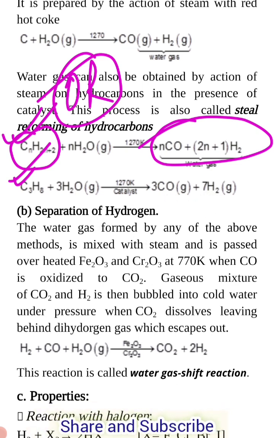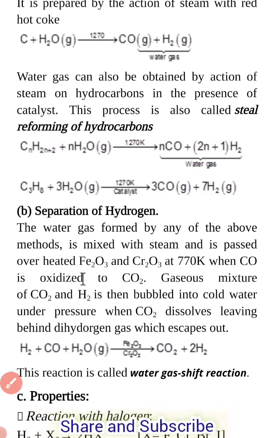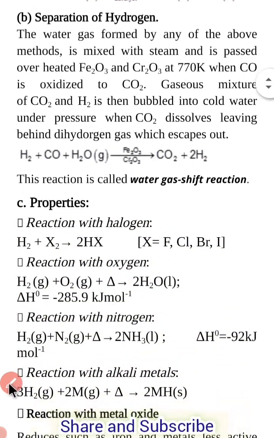In the second step, hydrogen is separated from water gas. This can be done by combining the water gas with steam again, and the reaction mixture is mixed with Fe2O3, ferric oxide, in presence of Cr2O3.